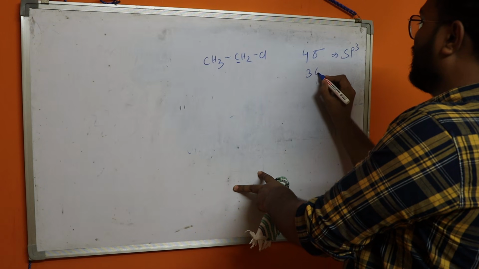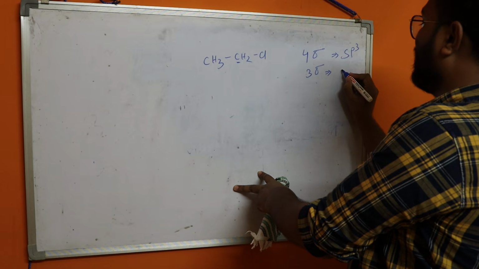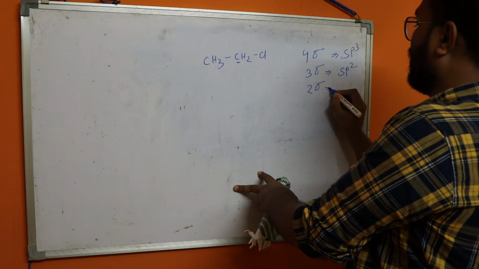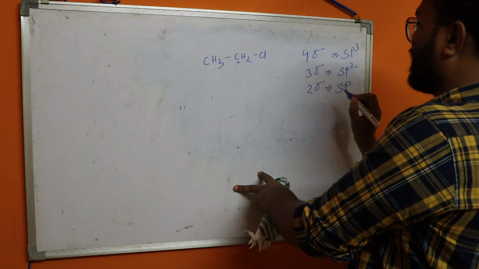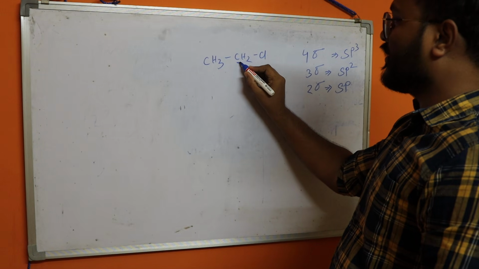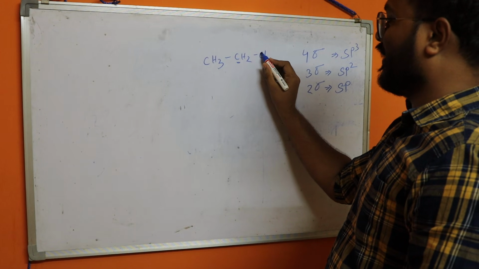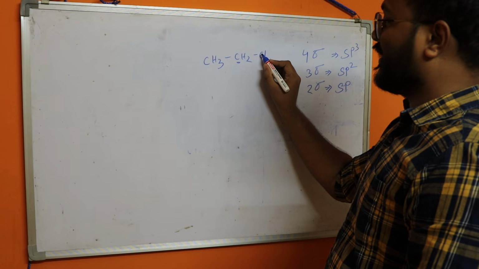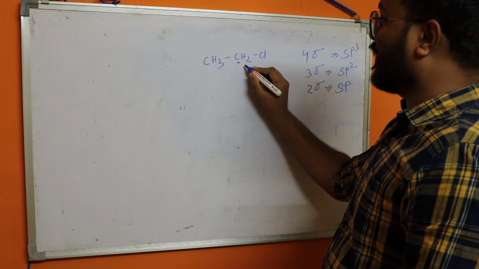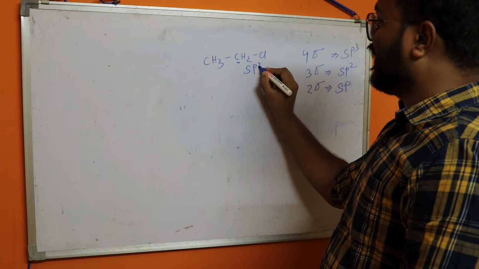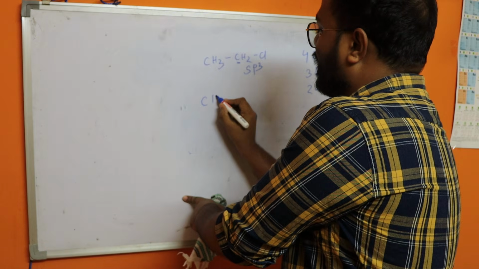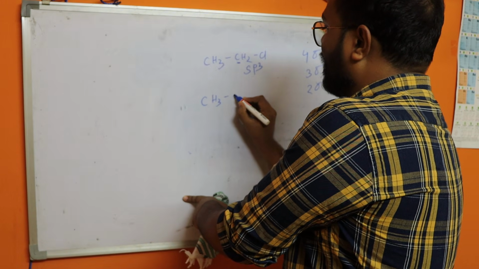If there are 3 sigma bonds, then the hybridization will be sp2. If there are 2 sigma bonds, the hybridization will be sp. Now we can count this one, right? The carbon atom where the halogen is connected has 4 sigma bonds, so this is sp3. This is an sp3 haloalkane.